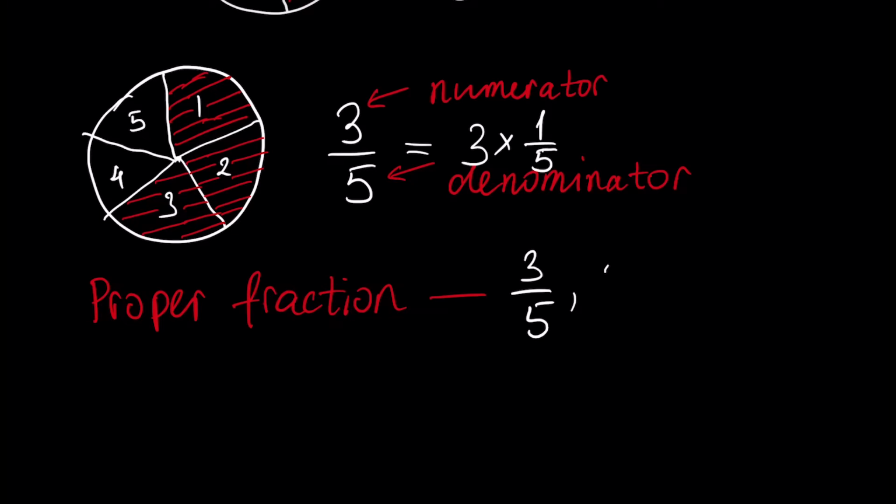For example, 1/2, 4/5, 99/100. In all these cases, numerator 3, 1, 4, 99 is less than correspondingly 5, 2, 5, and 100. So these kinds of fractions are called proper fractions.